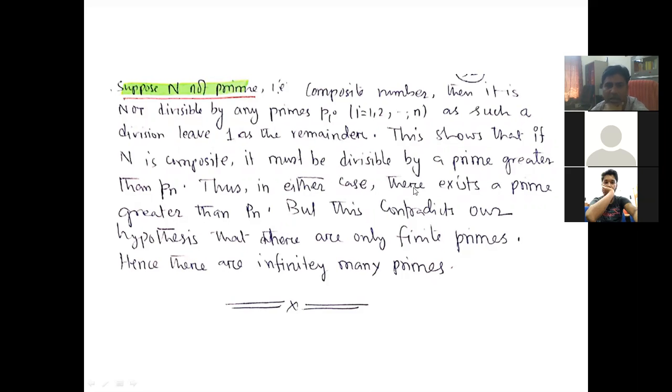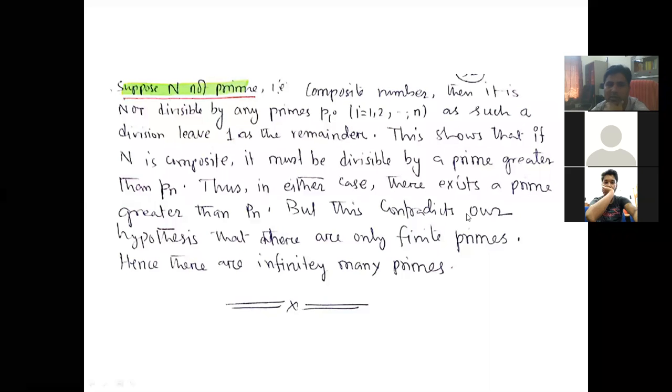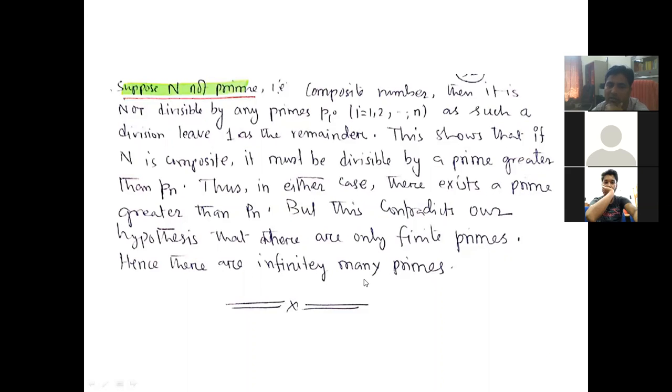Thus in either case there exists a prime greater than pn, but this contradicts our hypothesis that there are only finite primes. Hence there are infinitely many primes. Okay. So दोनों केस में हमने ये देखा कि वी आर गेटिंग ए लार्जर प्राइम देन pn. हमने अप टू pn तक लिया, p1 p2 pn, लेकिन वी आर गेटिंग अनदर प्राइम.